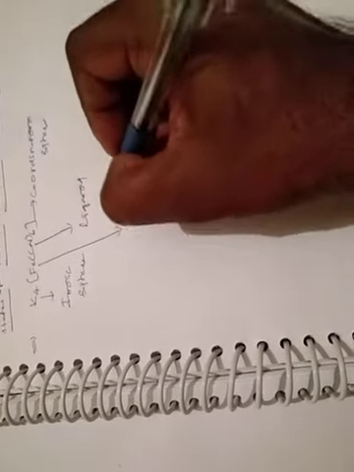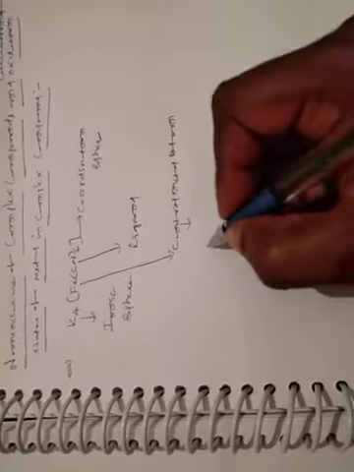In the coordination sphere this is called the ligand and this is called the central metal atom. For this central metal atom we need to calculate the oxidation state.